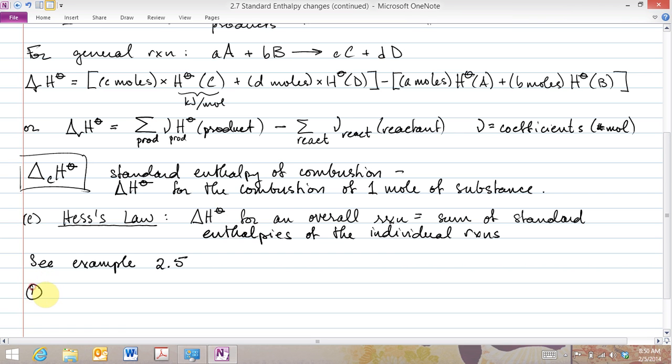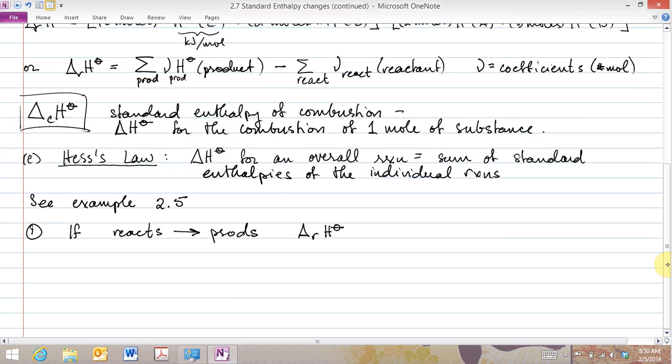Number one, if for some reaction you have a standard enthalpy of delta R H, then if you were to swap the products to the reactant side and the reactants to the product side, you must change the sign on the standard enthalpy.